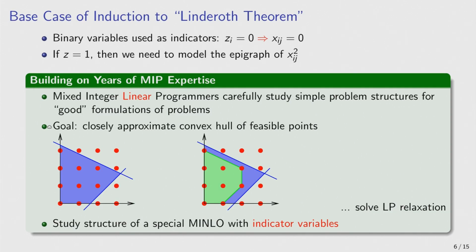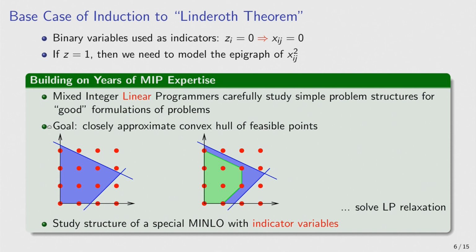And we're now going to do this building on getting really tight formulations. Our goal here is to introduce indicator variables in a way that allows us to get good, efficient relaxations.